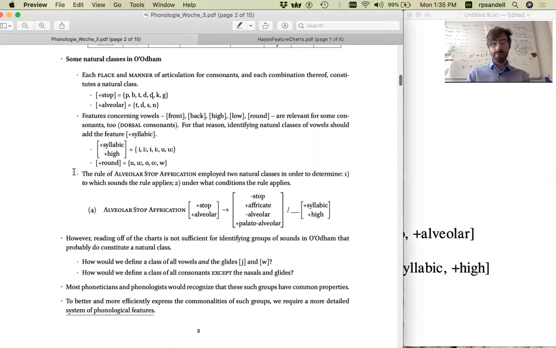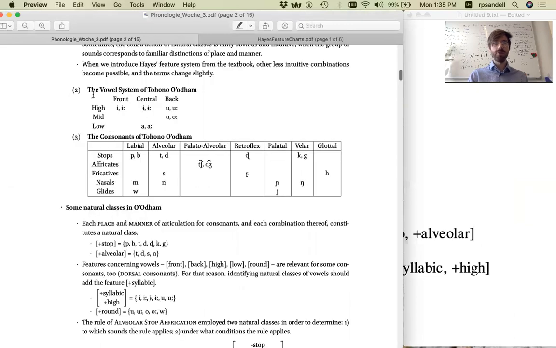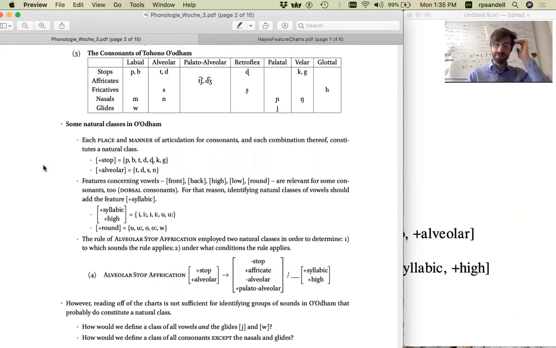Okay, now in some cases, simply reading off of these charts that we've composed, which divide up vowels by height and frontness and backness, and divide up consonants by place and manner of articulation, is not always going to be sufficient for finding sounds that probably do constitute a natural class.